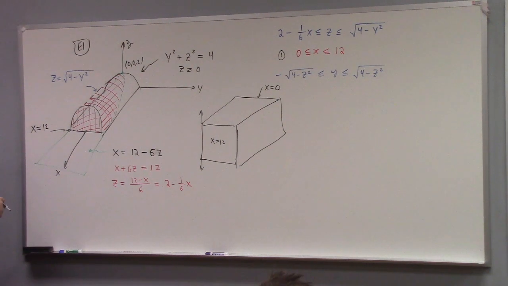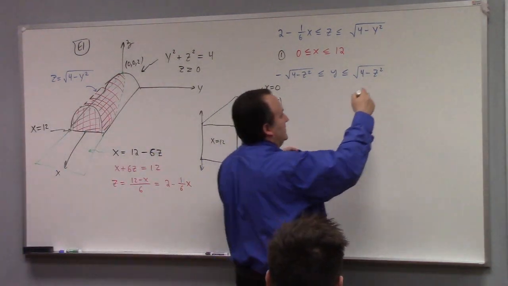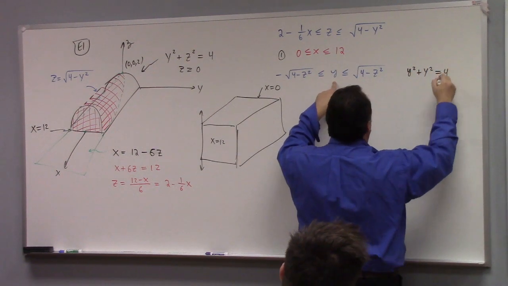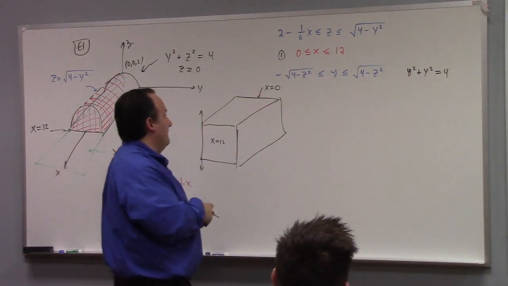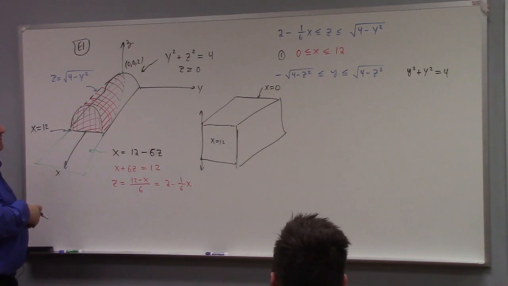Step number 2 would have to be the one that's right under it, right? What would that look like in terms of the cutting? This upper one is y squared plus z squared equals 4, right? We go y squared plus z squared.